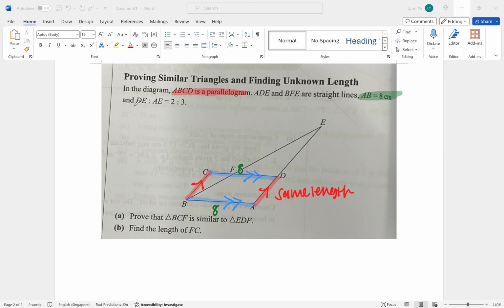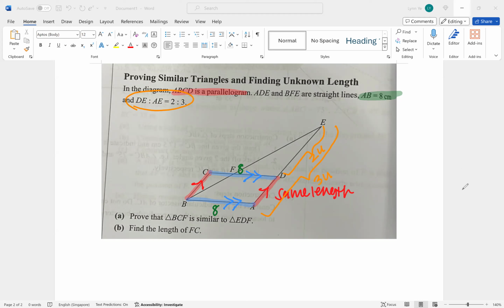DE is to AE is 2 is to 3. So DE is right here, and AE is right here. So what does that mean? The DE is 2 units and the AE is 3 units. Therefore, I know which clue.